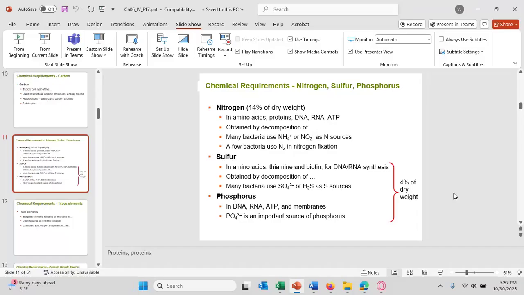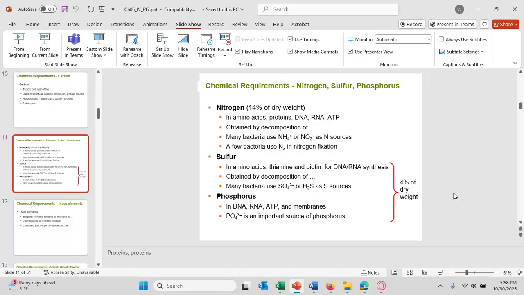Nitrogen is often obtained from the decomposition of proteins. So when an organism dies, another organism can digest those biological molecules and get the nitrogen and carbon molecules they need for whatever they're going to be doing next.